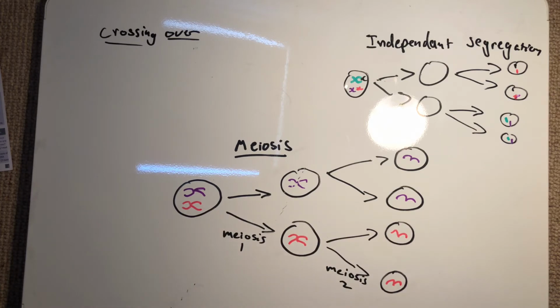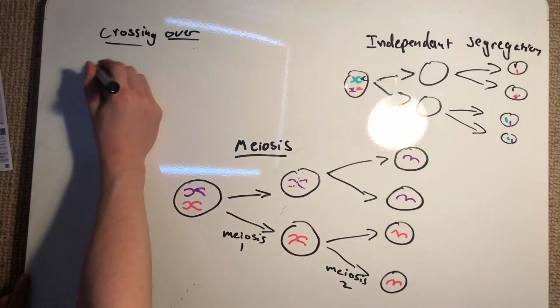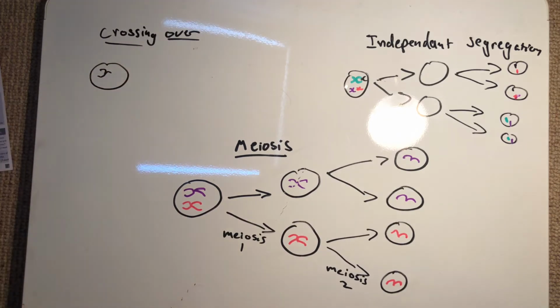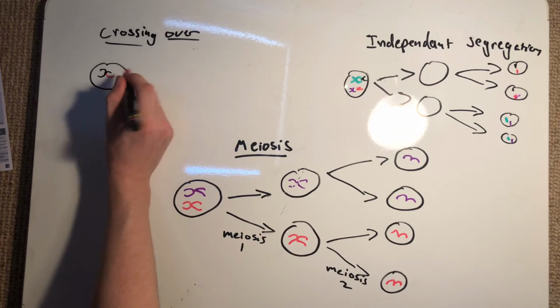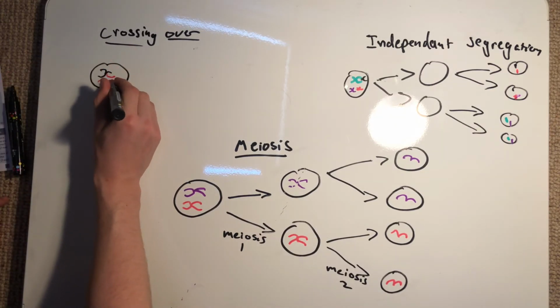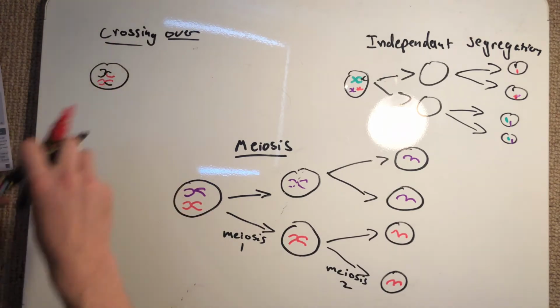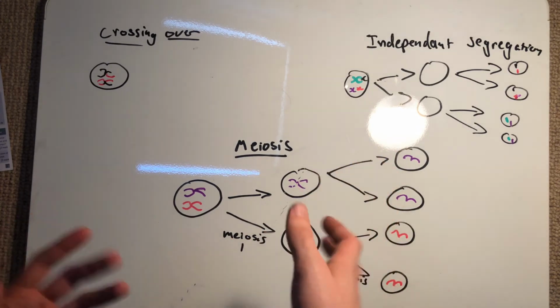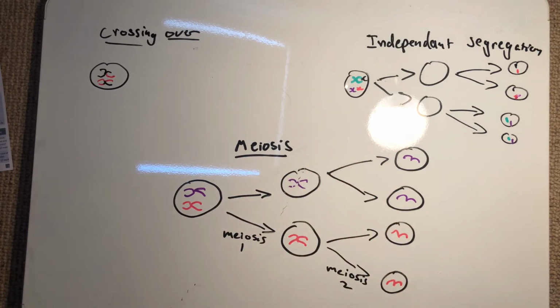So you could have a cell which now has a red bit on it, and a red one with a black bit on it. Then they go through the normal process of division, and you'll have a chromatid that is a mixture of different alleles, and that introduces genetic variation.